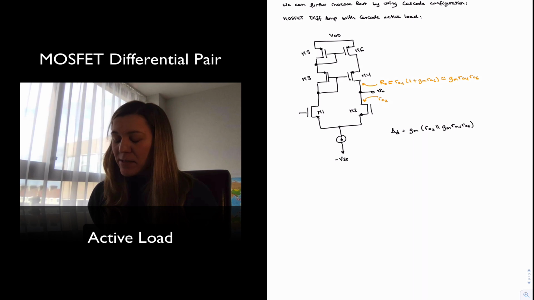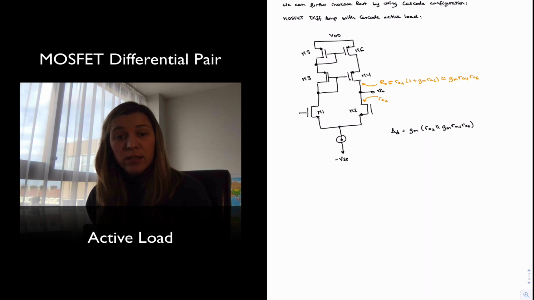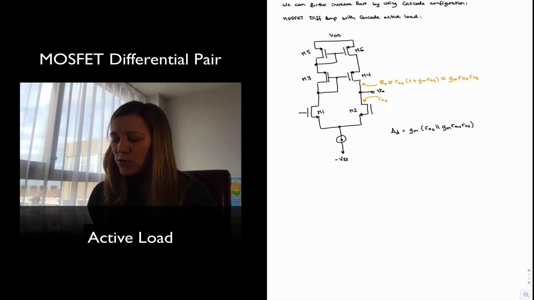Whereas right now I've basically doubled it. It's GM ROut2, and hopefully that second term GM ROut4 ROut6 will be much larger than ROut2. And so this parallel combination is approximately equal to ROut2. And so basically I've sort of doubled my gain with respect to the simple circuit with a simple active load.